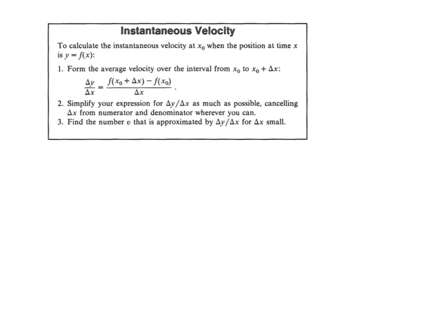To review though, in order to calculate instantaneous velocity, there are going to be 3 steps that we go through. First of all, we're going to find the average velocity between time x0 and x0 plus delta x. This expression for delta y divided by delta x is known as a difference quotient. Next, we're going to simplify this expression as much as possible.